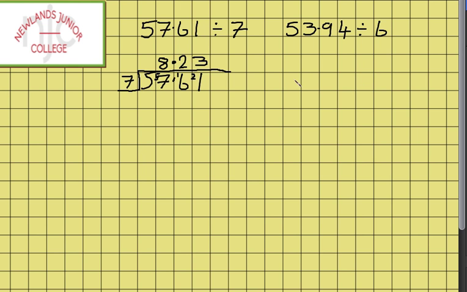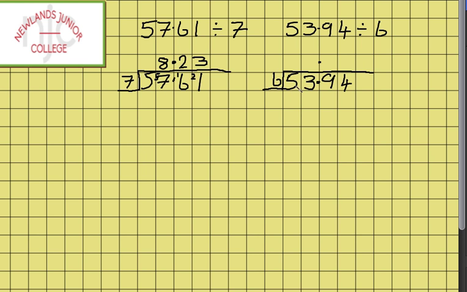Okay, so 53.94, and we're going to divide that by 6. Okay, before we do anything, make sure you put your decimal point where the answer is going to be, and yes, your answer will just build up around it.